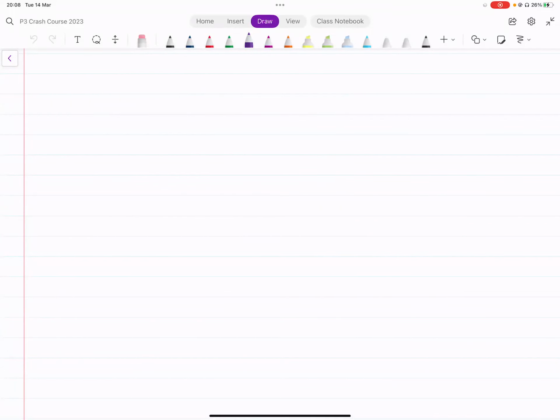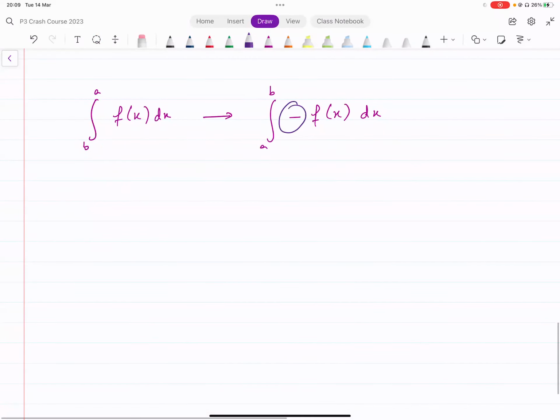Sometimes when they ask you to show something like that, if you have a function like this, f of x, that has limits from b to a, you could interchange the limits to a to b if you multiply this function by a negative sign, minus f of x. So if you want to interchange the limits, you would have to multiply with a negative there.